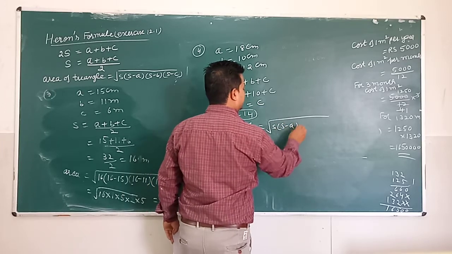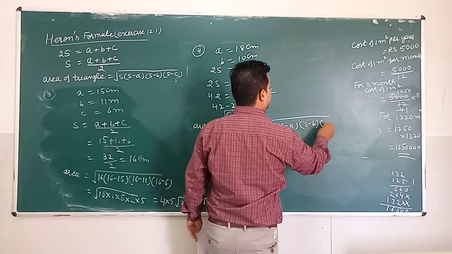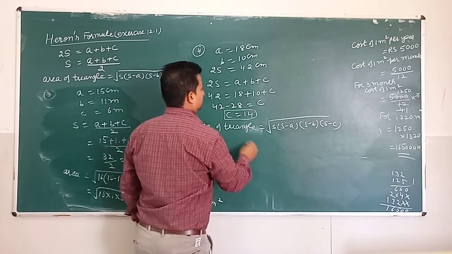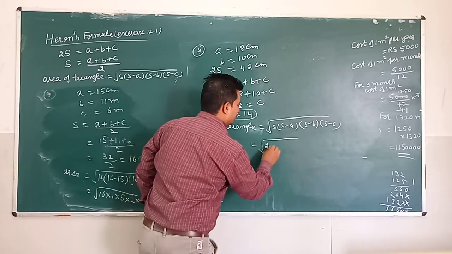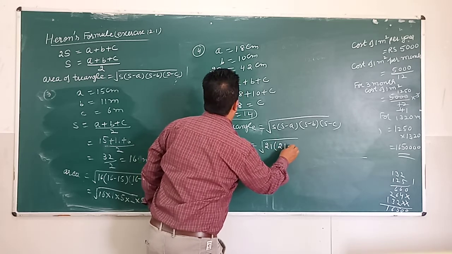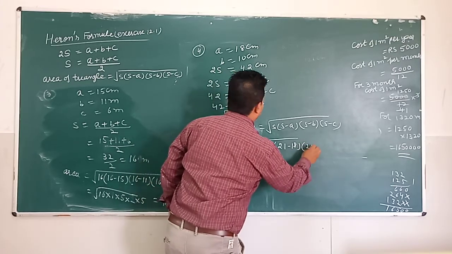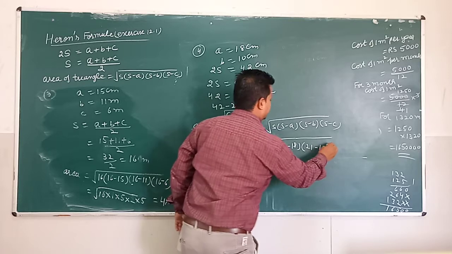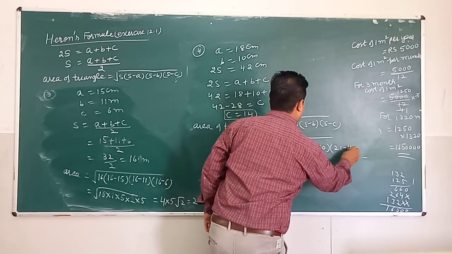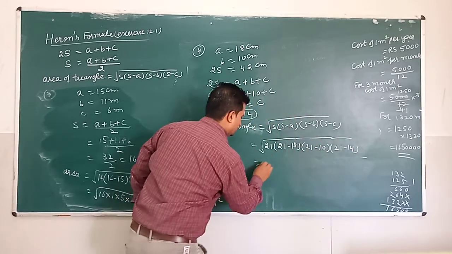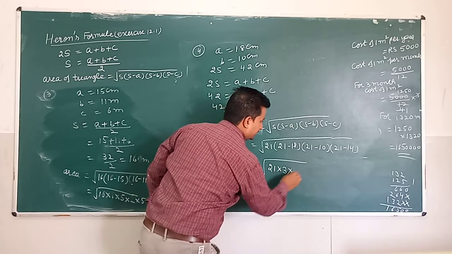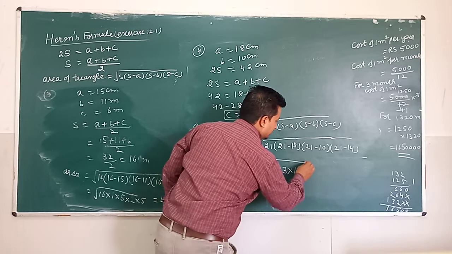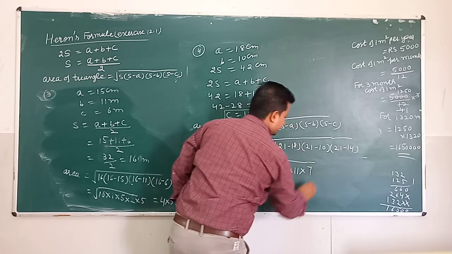So area of this triangle is, for area, first we write S, S minus A, S minus B, S minus C. Here 2S is 42. So S is 21. 21 minus A, 21 minus B, and third is 21 minus C. So this is 21, this is 21 minus 18, 3, this is 11 and this is 7.